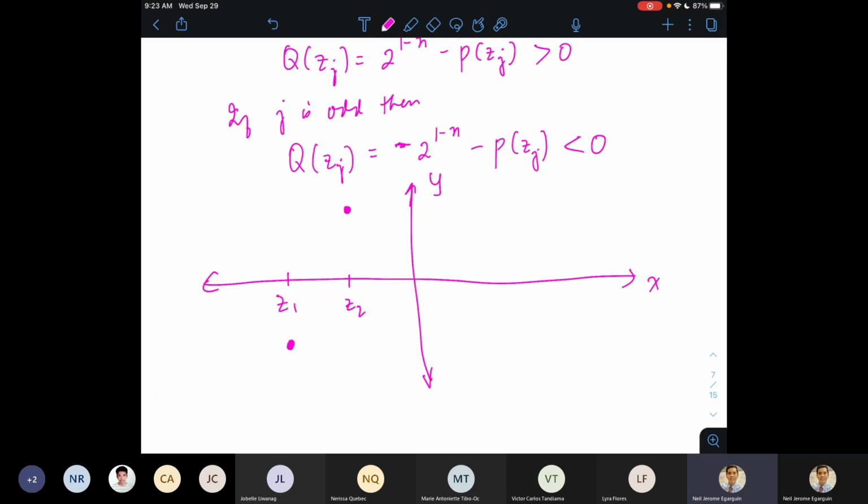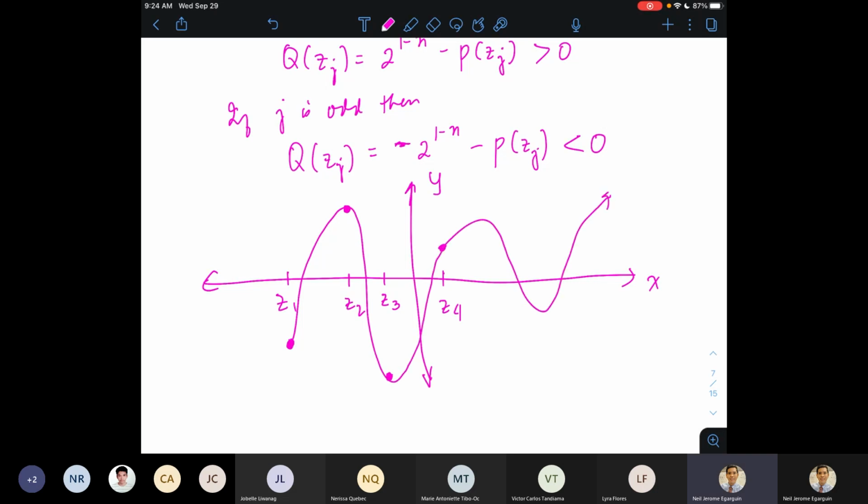So it might be somewhere here. ζ_3 has an odd subscript, so the possible value of Q is down here. ζ_4 could be here. It should be positive because j is even, and so on. So the graph of Q might look something like this. Right? Suppose you also have ζ_5 here. So this is the graph of y equals Q of x.